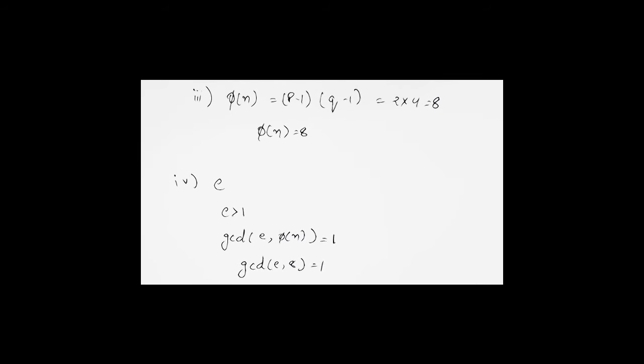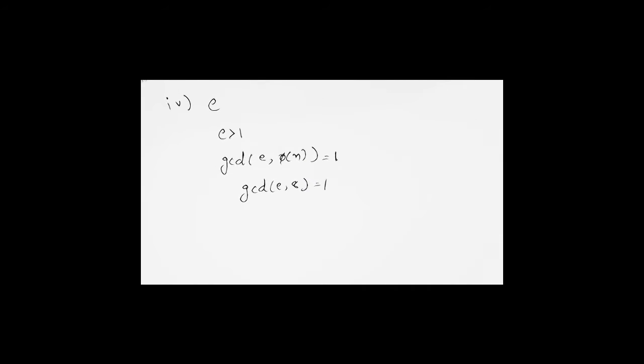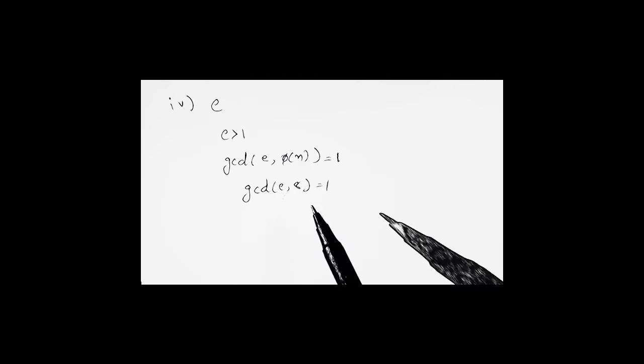So I hope all of you know how to solve the GCD. So I'll assume that you know, and by that we have to calculate E. So what are the numbers? Let's take a hit and trial method. So what are the numbers if we put in the place of E, we'll get 1?